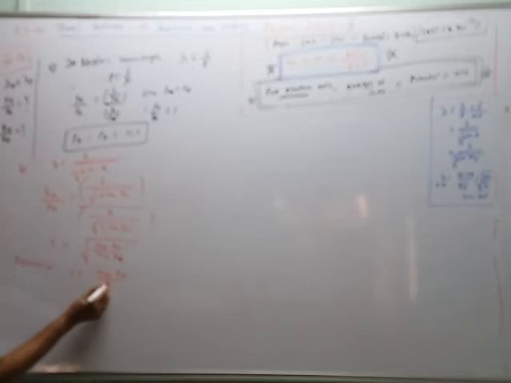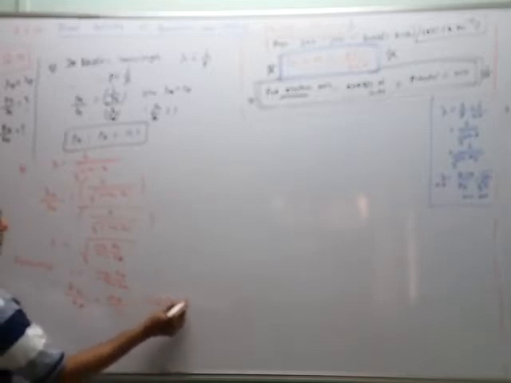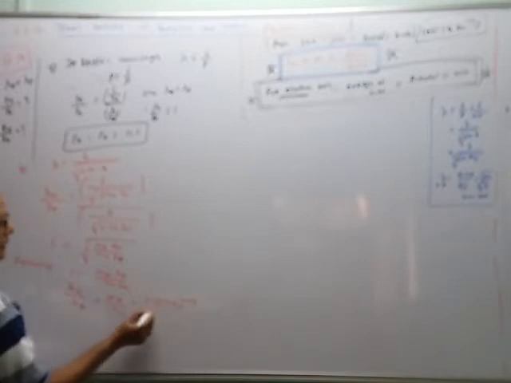Squaring. So 1 is equal to mass of the proton, kinetic energy of the proton, upon mass of the electron, kinetic energy of the electron. So kinetic energy of the electron upon kinetic energy of the proton is equal to mass of the proton upon mass of the electron. Mass of the proton is 1.67 into 10 raised to minus 27 kilogram.